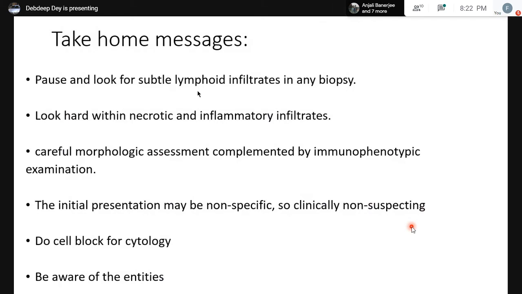The initial presentation may be so non-specific that the clinician might not be thinking of it, and if you are not aware of the different entities and modes of presentation, you might not be thinking of it either, like a small intestinal perforation. Do a cell block for cytology and be aware of the entities.